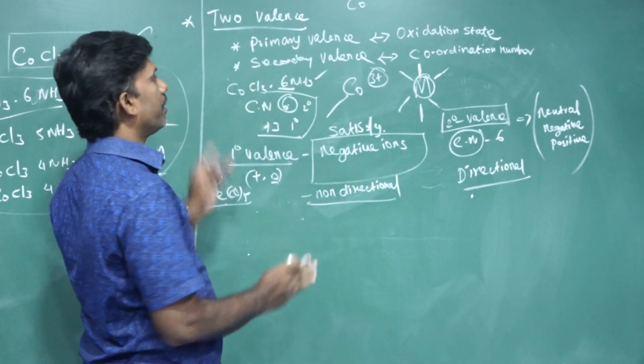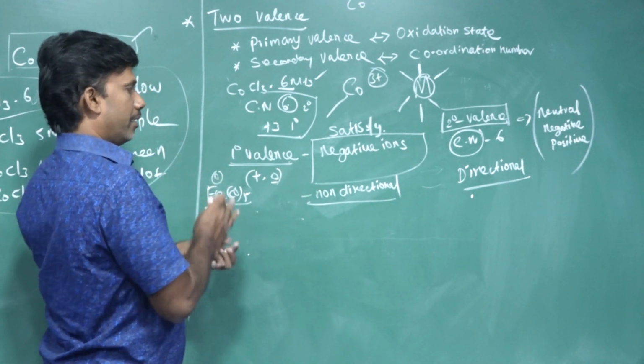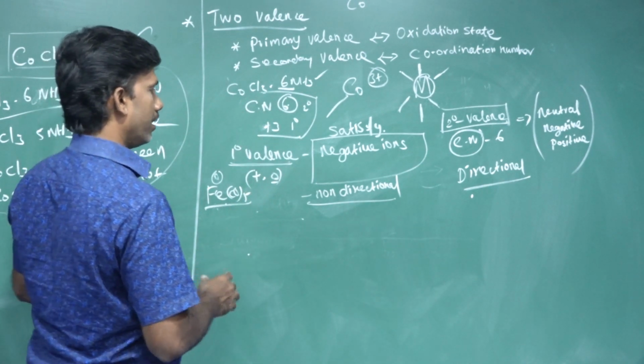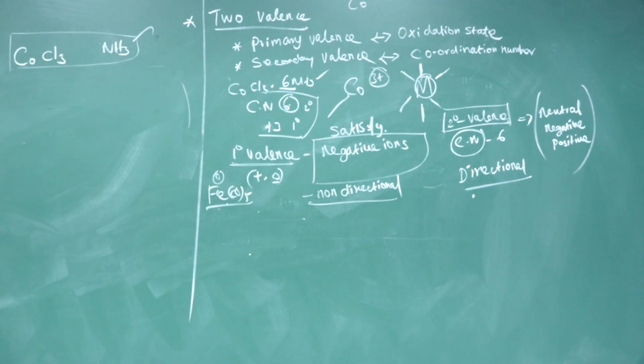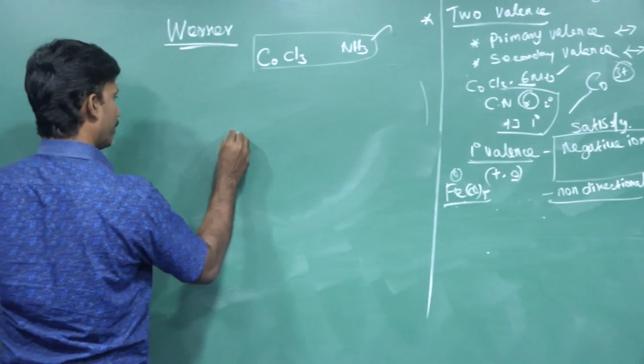These are the terms Werner used. By comparing these, he assumed this concept. That is Werner's theory that we are going to see now. The central metal atom has 2 spheres around it.